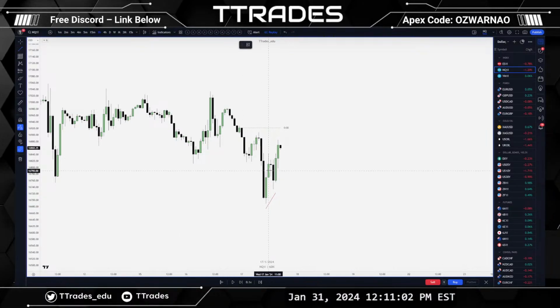So I'll consider this my change in state of delivery right there. So then once we retest here, I can be looking for any 5-minute entry higher. This is out of my kill zone. So if I was trading this, I would be trading it on an hourly chart with hourly invalidation. But I'm a little confused on your question. And, let's see.